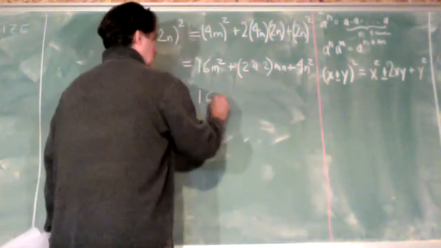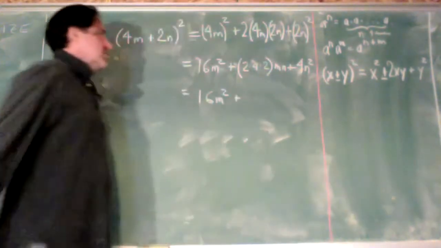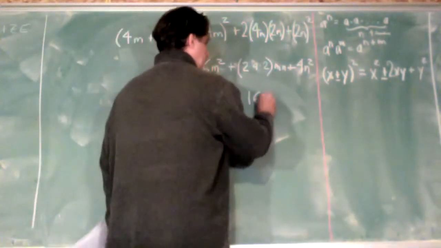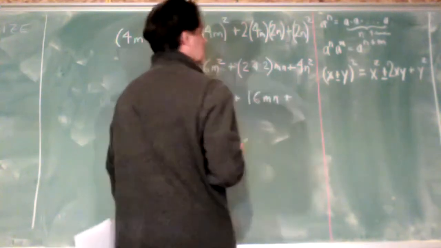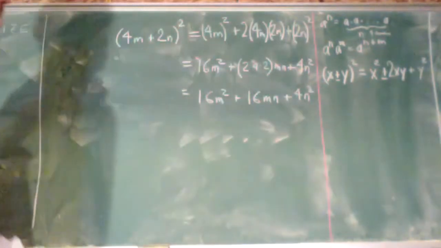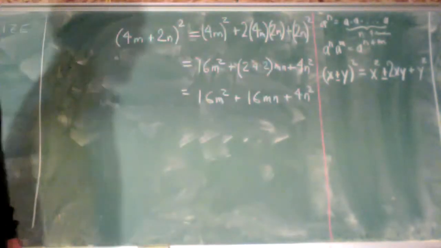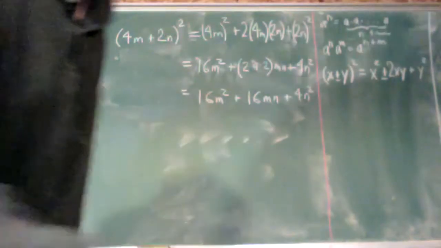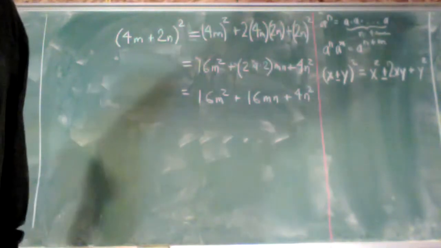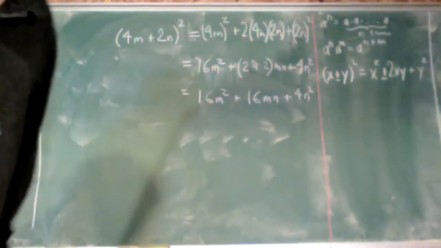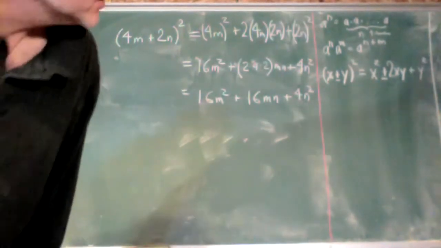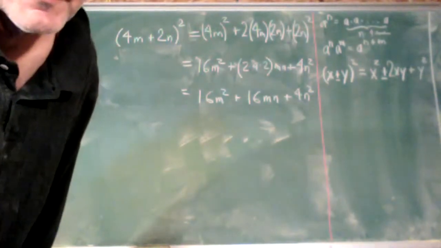Equals 16m squared. 2 times 4 times 2, that's 16 again, mn plus 4n squared. And hopefully you don't catch me having made a silly arithmetic error, which in fact I do. So if you think I have, definitely send me an email and say, Joe, I don't think you did your arithmetic correctly. And I think I did.